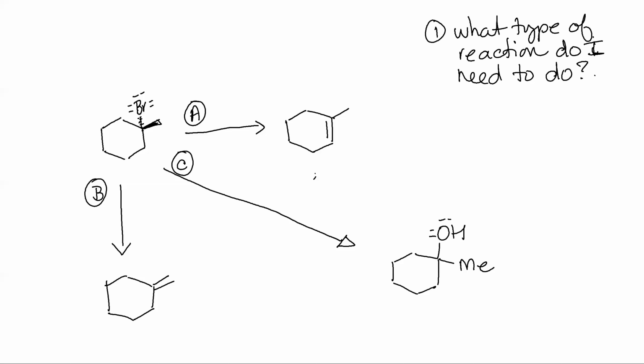The first question is: is it an elimination reaction or is it a substitution reaction? I would start with the very broad basics, those two global types of reactions. What do I need to do? Is it an elimination reaction or a substitution reaction?